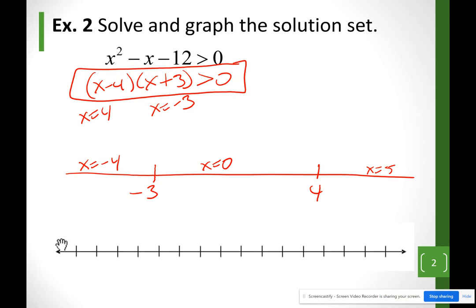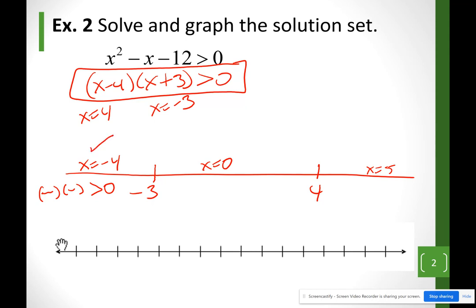I'm just interested in the sign. I'm not interested in the number. Negative. 4 plus 3, negative. So it's a negative times a negative. Is that more than 0? Right, negative times a negative is positive. Is positive more than 0? Yeah, that's true.